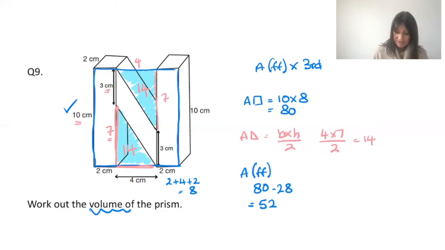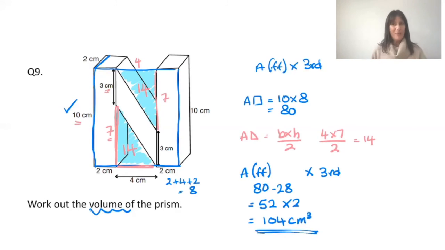So the area of my front face is 52. Now I'm going to times through by that third length. So I'll go back to my diagram, find the third length. That's how far back it goes there, which is 2. And I get a final answer of 104 centimeters cubed.